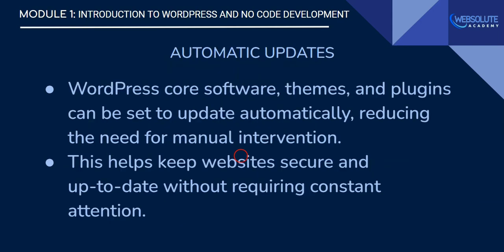Then automatic updates. WordPress core software, themes, and plugins can be set to update automatically, reducing the need for manual intervention. This helps keep websites secure and up to date without requiring constant attention. Unlike conventional coding, where you need to administer updates, and if there are any changes in security updates, you need to rerun everything to update.